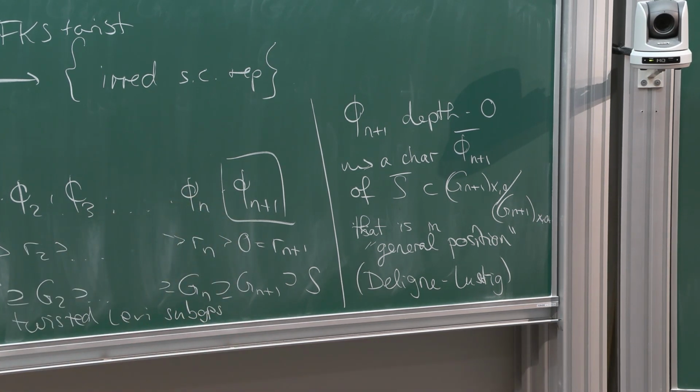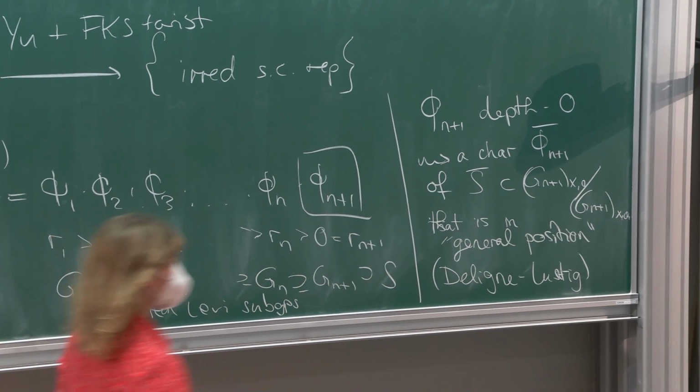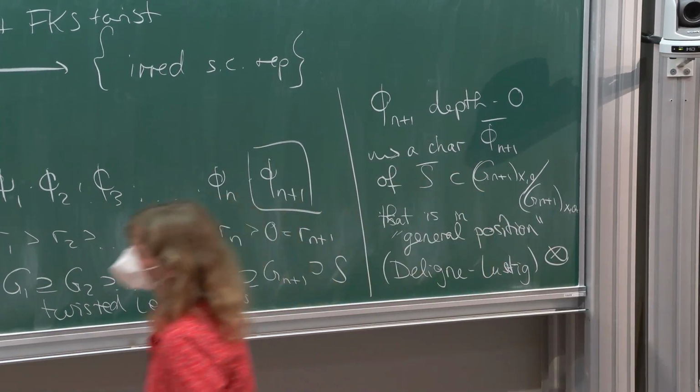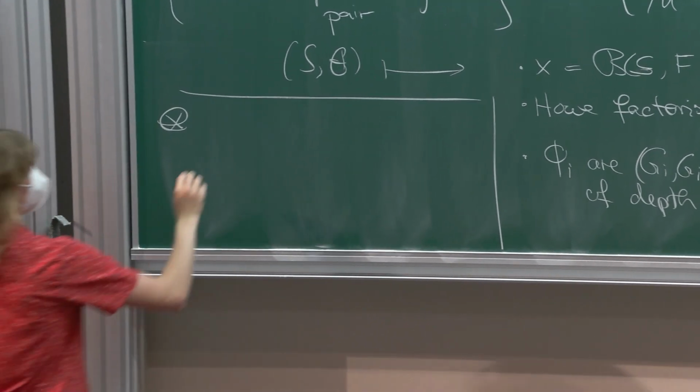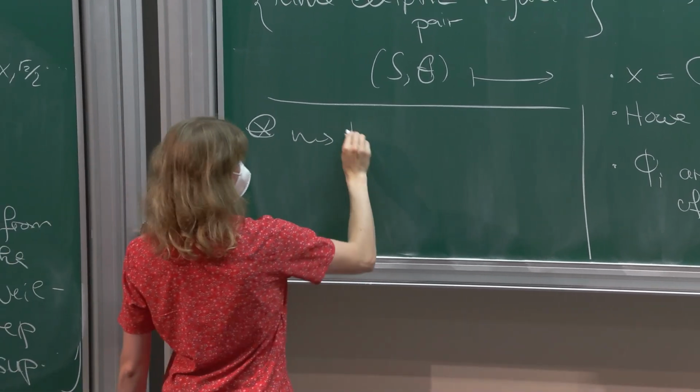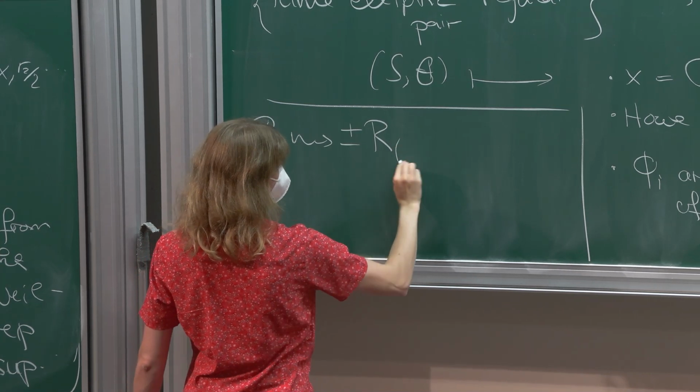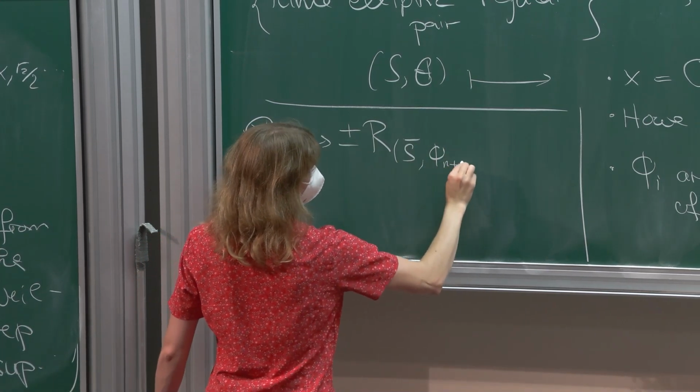Okay, bad blackboard work. So let me continue over there. And from Deligne-Lustig theory, that means that we can construct a representation which they call plus minus R_T^S bar phi n plus 1 bar.